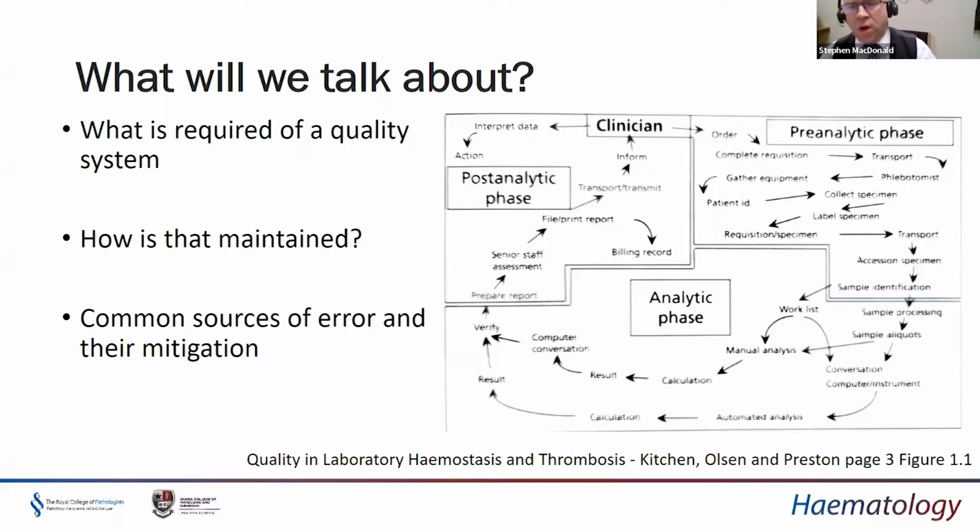But once we've actually got a quality management service in place, that's not the end point. Quite often, that's just the beginning, because we have to spend quite a large period of time and a lot of effort and man and woman power trying to maintain that quality management service.